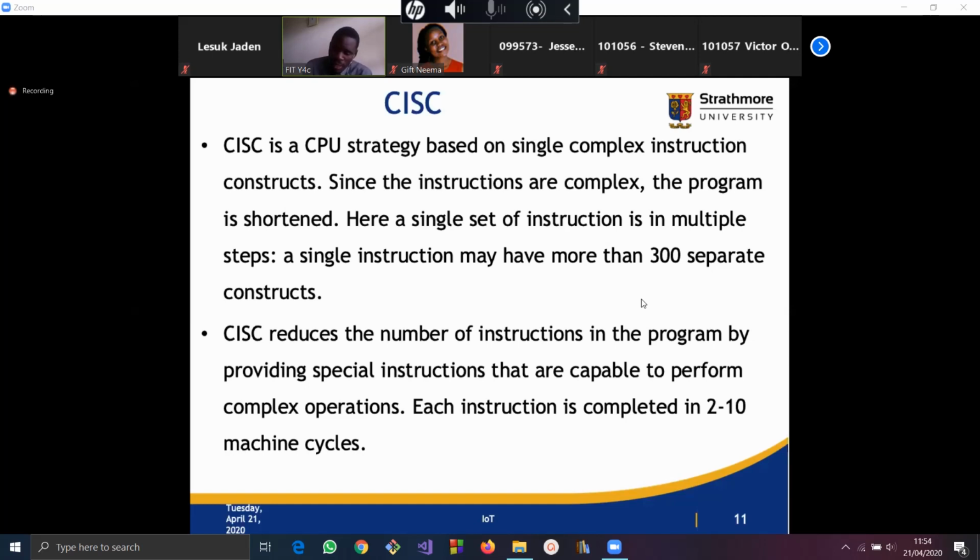So for example, if the program had 100 lines in the RISC strategy, if you apply CISC to it, maybe it will reduce those lines to maybe 5. Okay, so it shortens the program. So that means the instruction that will be going into the CPU might be bigger than the bandwidth of the CPU. So that means the CPU will need maybe 1 or 2 or even maybe 10 clock cycles to execute one instruction.